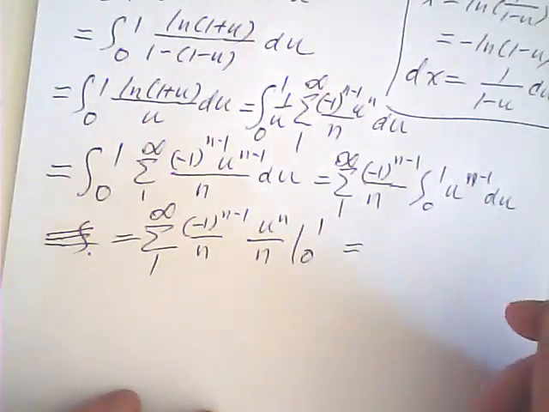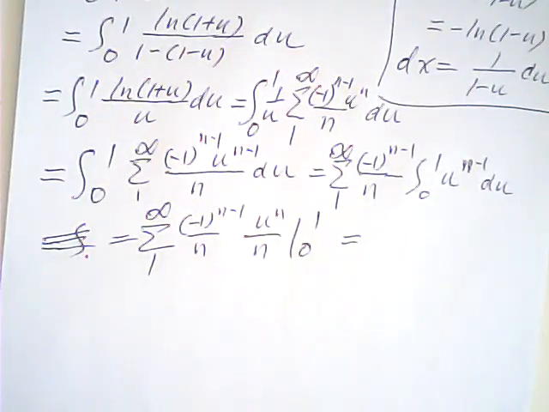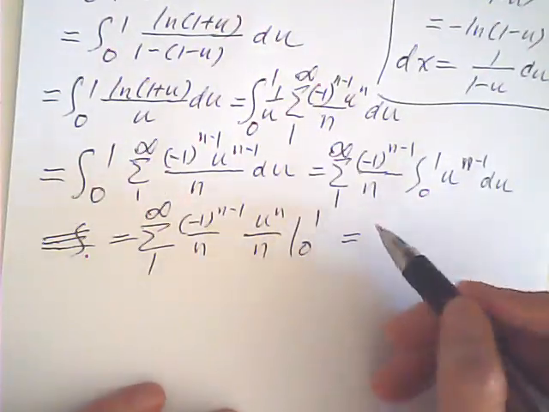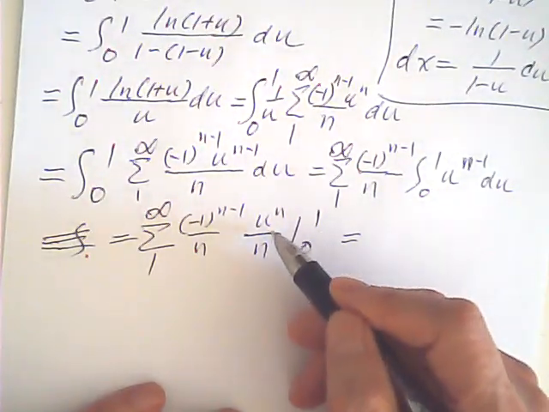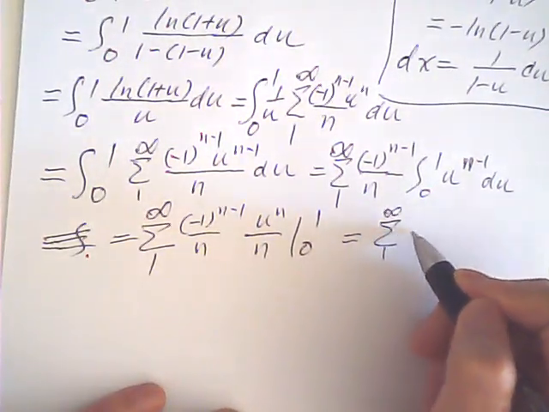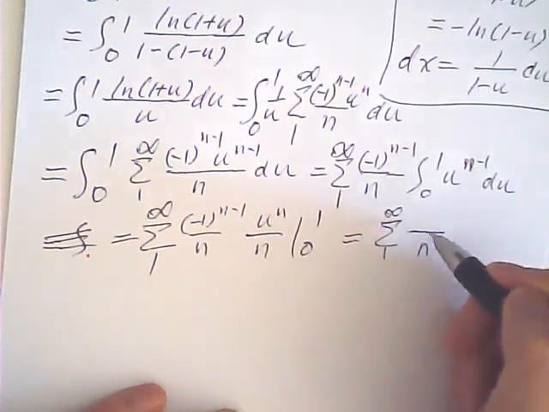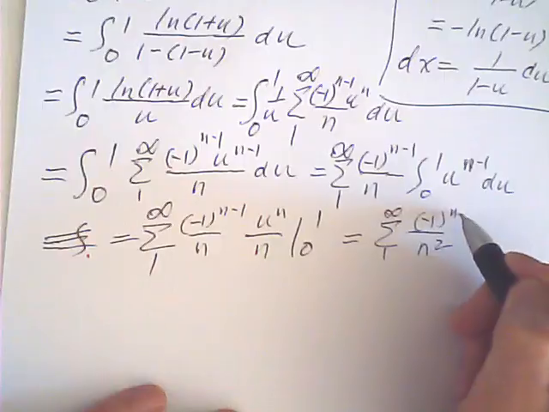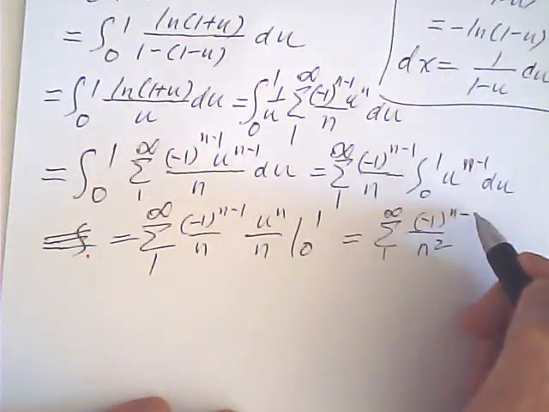Yeah, this is right. So this one is equal to the sum of 1 over n squared times negative 1 to the n minus 1.